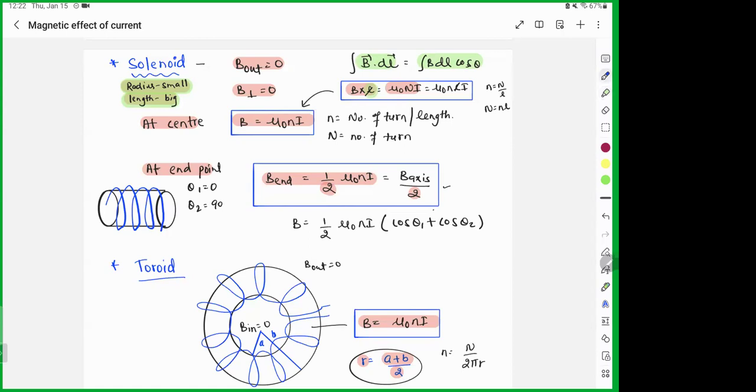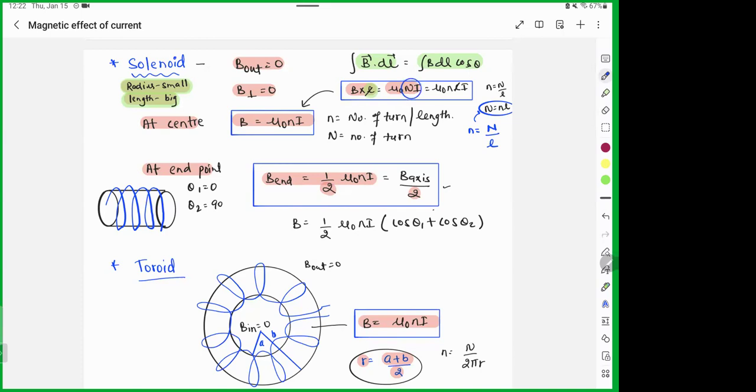What happens is, this small n is number of turns per unit length. If you consider this, then capital N, the number of turns, will be equal to n into L, because the total current will be equal to Ni.